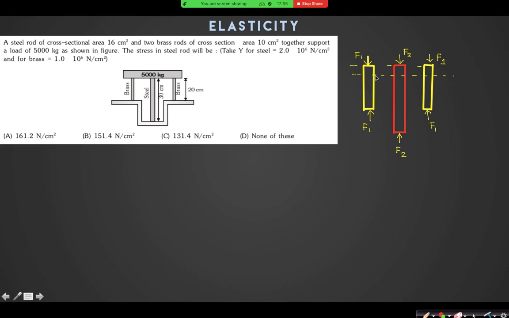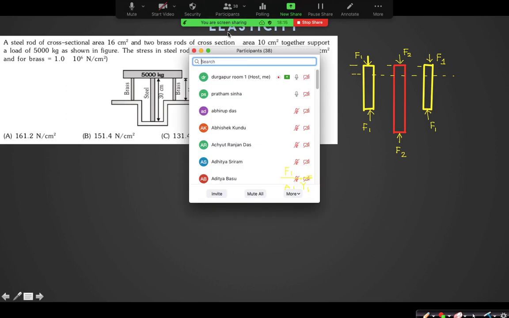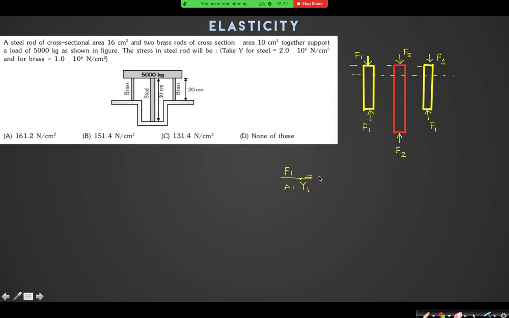So for the first case, F1 by A1 Y1 is equal to delta L1 by L1, and for the steel rod, F2 divided by A2 Y2 is equal to delta L2 divided by L2.